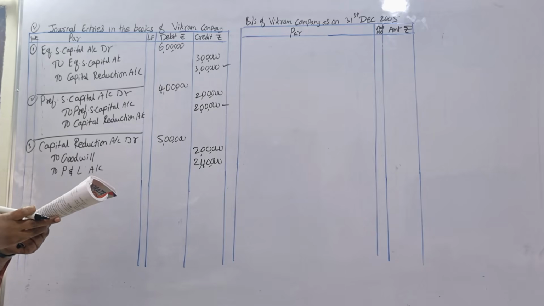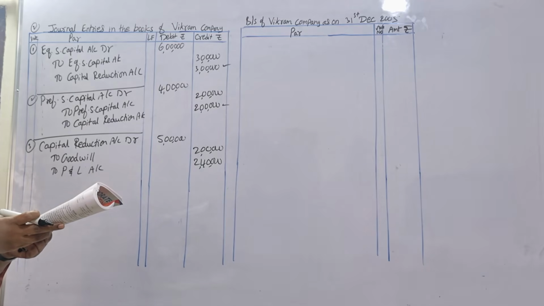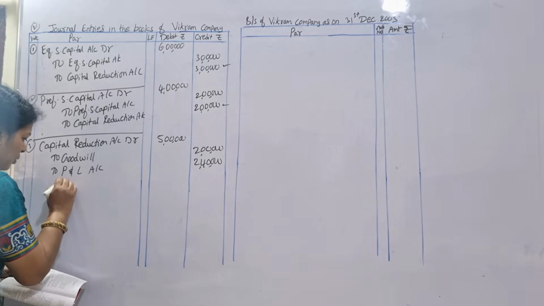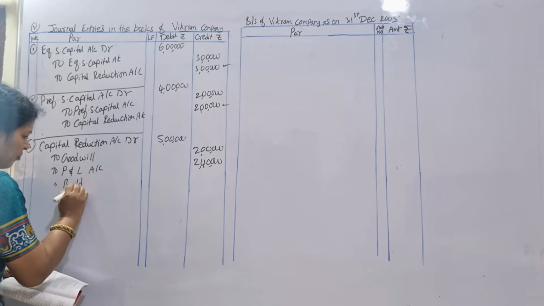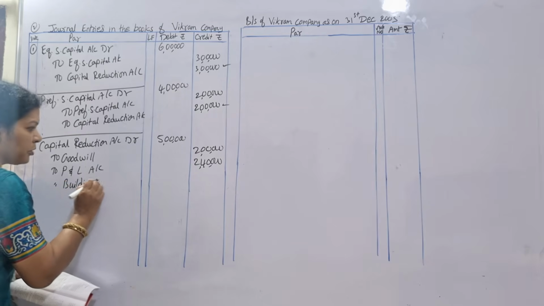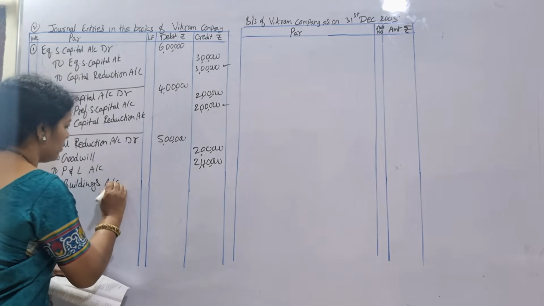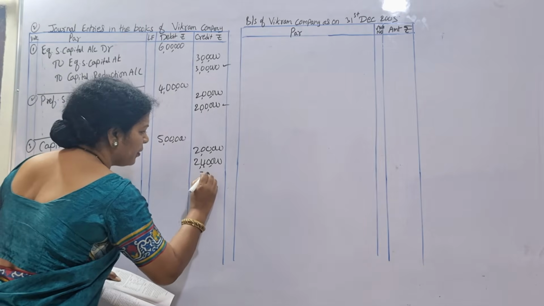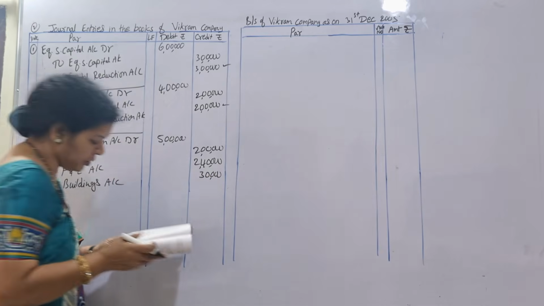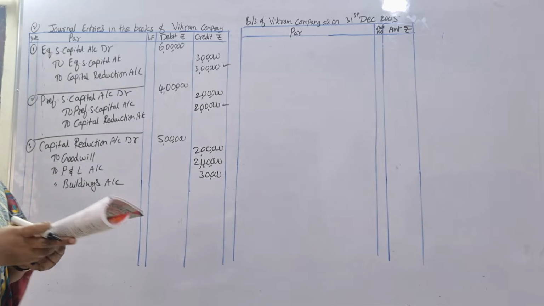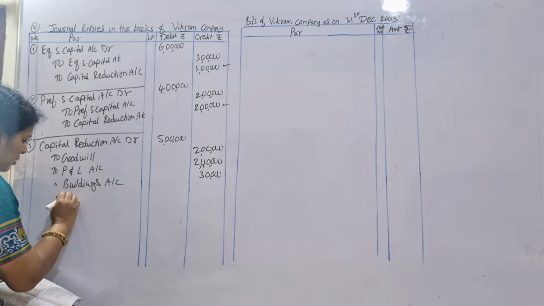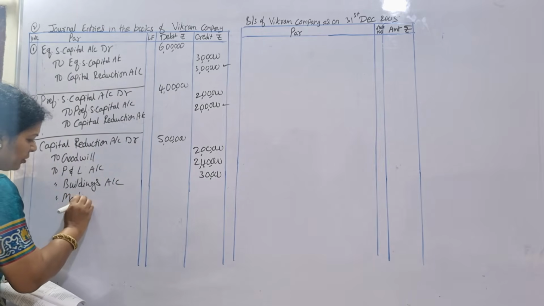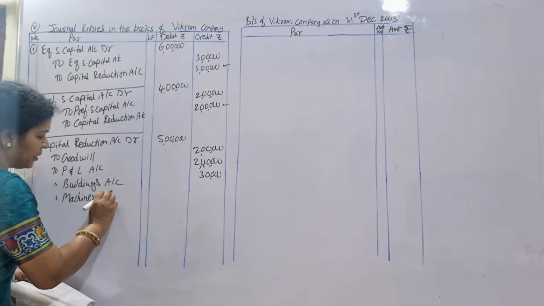Then after that, buildings have to be reduced by 30,000. To buildings account, 30,000, and machinery 20,000. To machinery account, 20,000.